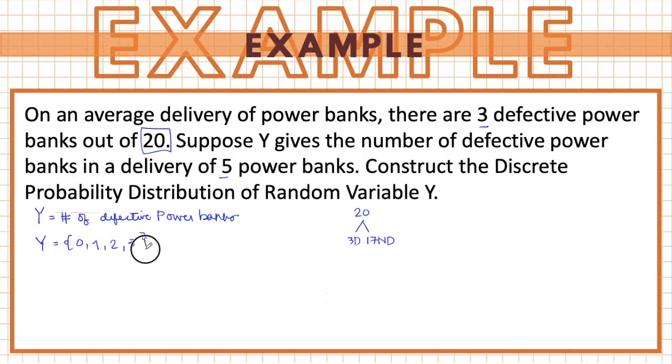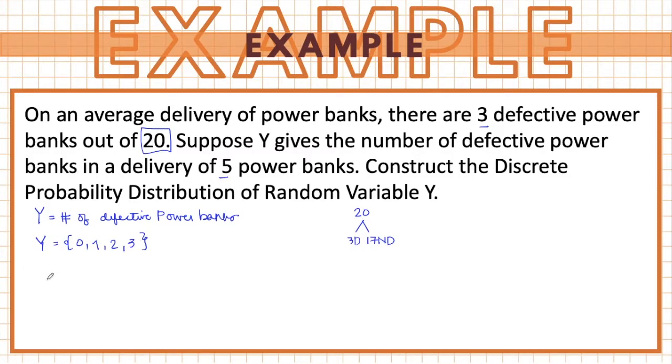Okay? So, it is possible na kapag kumuha tayo ng 5 power banks dito sa 20, wala tayong makukuhang defective. Posible rin na makakuha tayo ng 1 defective, 2 defective, or 3 defective na power banks.